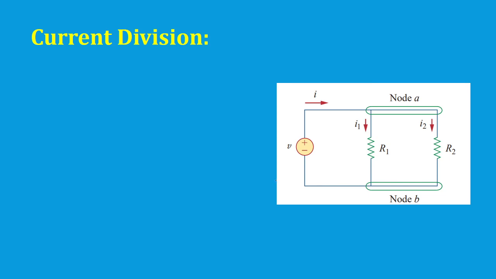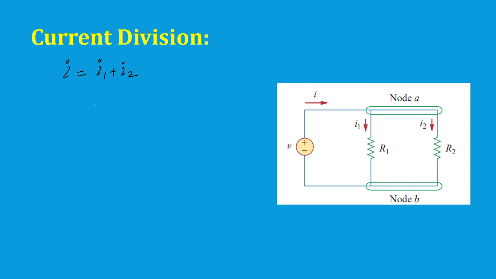Similarly, as we have discussed the voltage division rule, we have a current division rule. We can see here the current is dividing between the resistors R1 and R2. If you apply KCL at node A, I is equal to I1 plus I2.